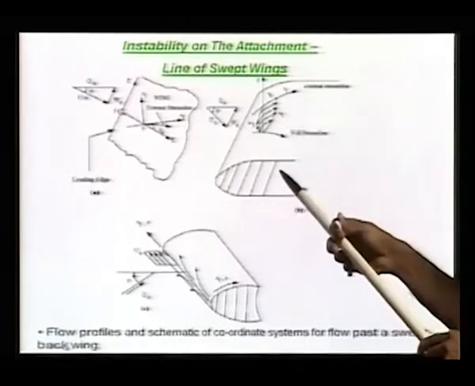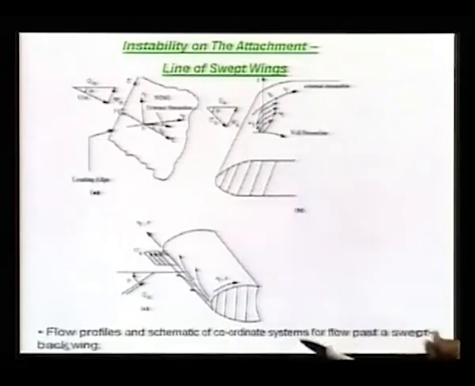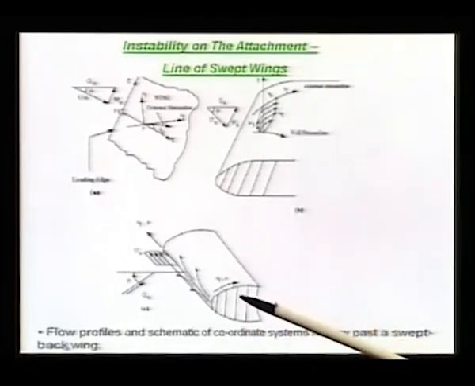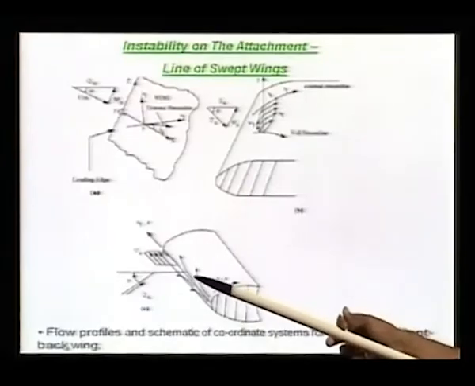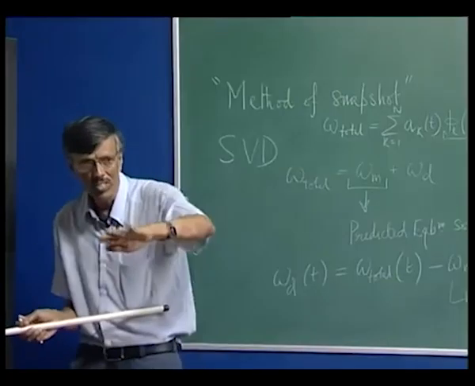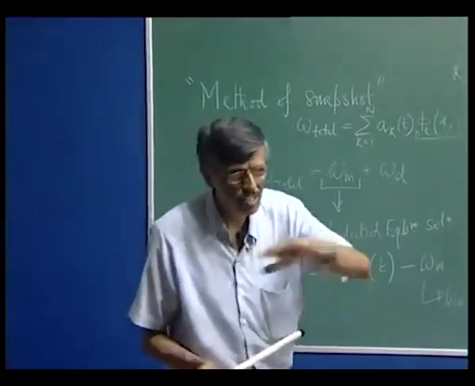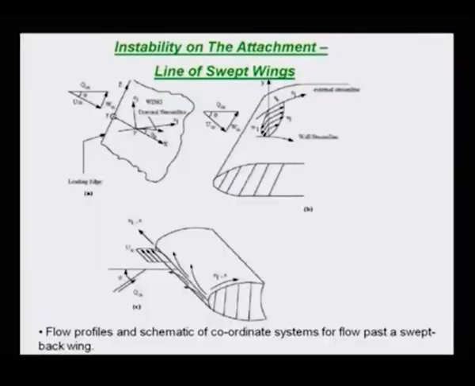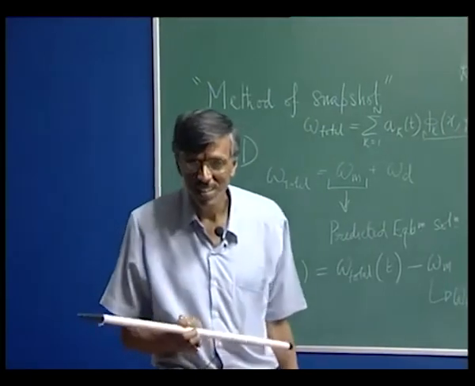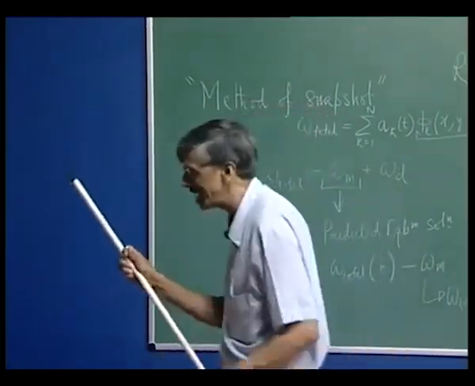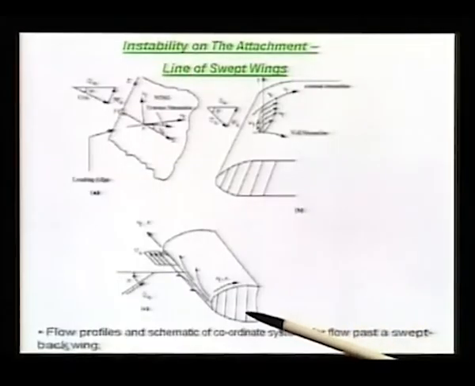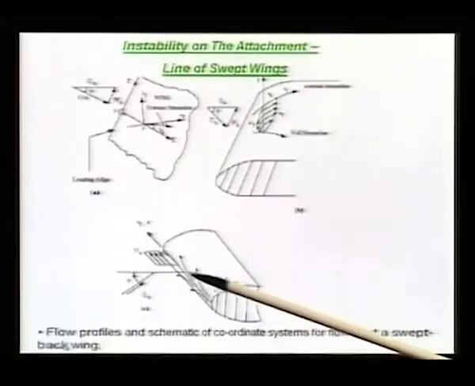Now, what happens when I look at the flow field around the leading edge? When you have a swept back wing, you have a plane here which is almost like your stagnation point plane. That is the attachment line plane. However, the flow here is not stagnant. The flow actually goes along the leading edge.